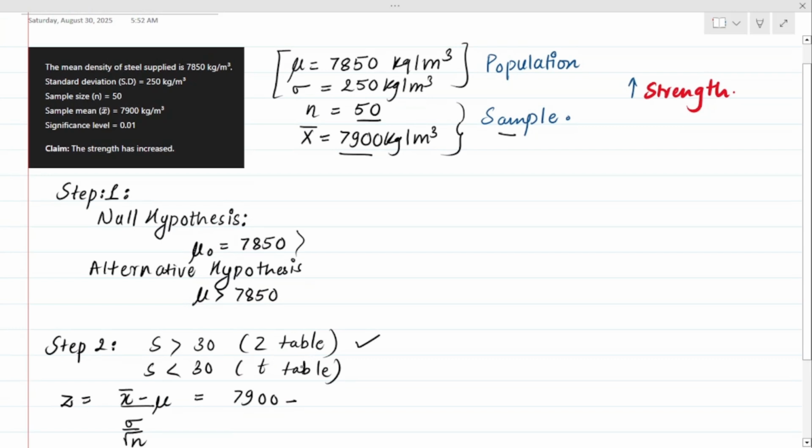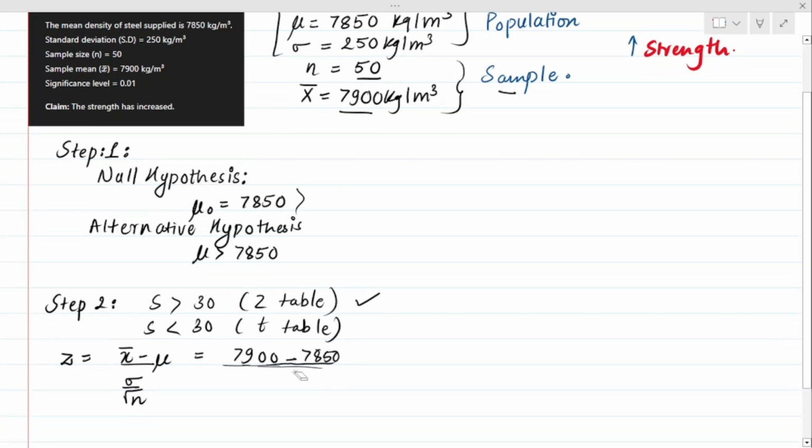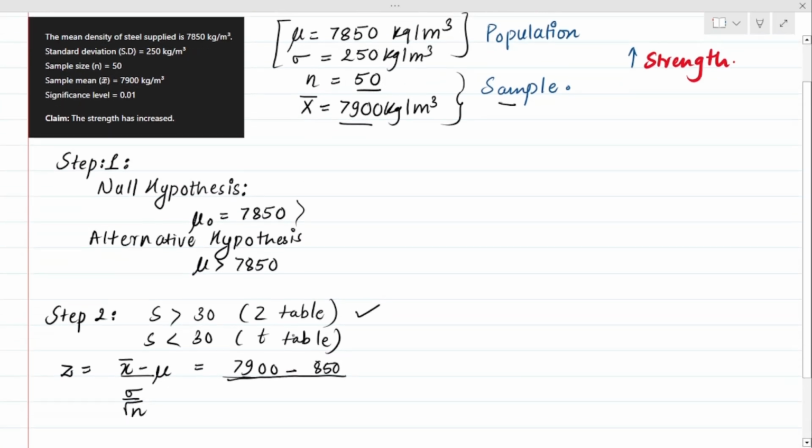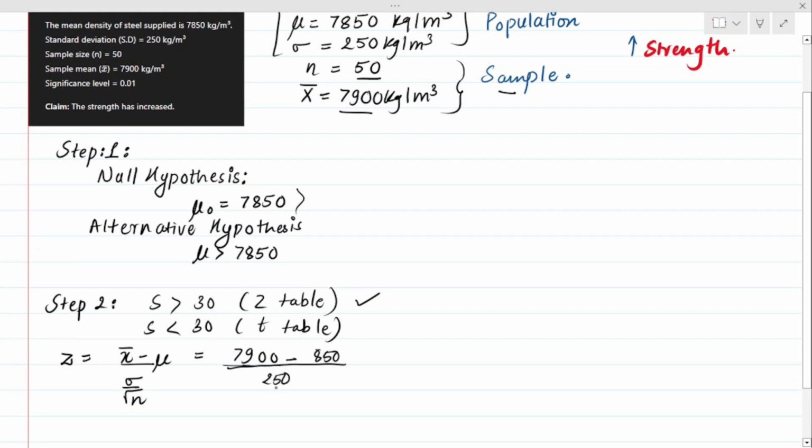The old mean is 7850. The standard deviation of the population is 250, divided by root 50.